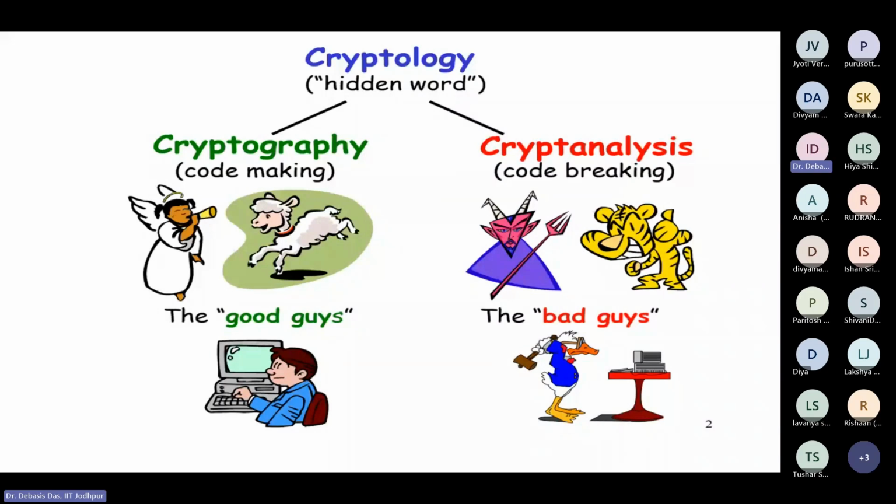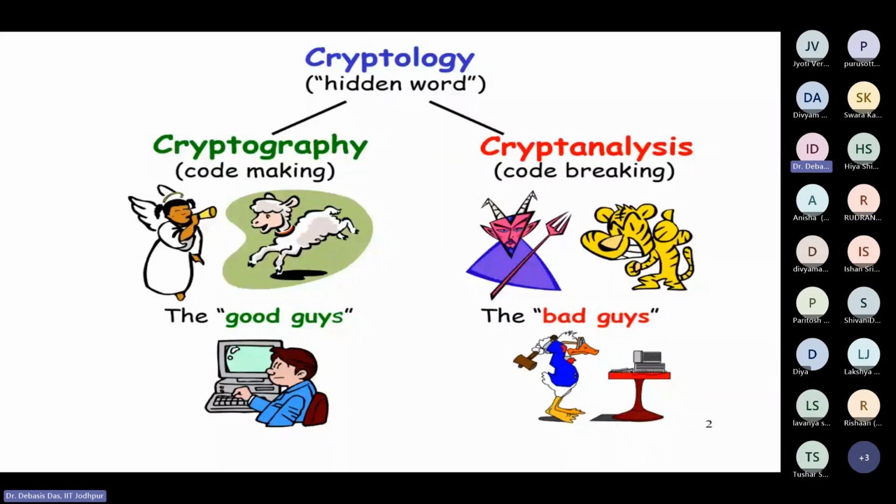Okay, we are basically focusing on how we secure our information, and we have credential information, user ID and password, or email ID and password. In all these cases, in the back end, we have a cryptology type of concept, meaning hidden world.